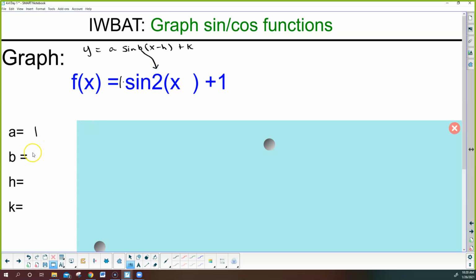Now, we do have a number on the outside. This is the first time that we've seen this. So I have a b value. The x minus h is not present. We just have x. So I can put a minus 0. I could even put a plus 0. It doesn't matter because that just tells me that I'm not shifting things left or right. And then the k value is the plus 1.